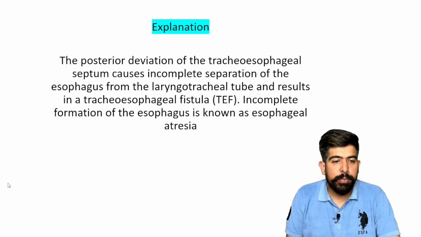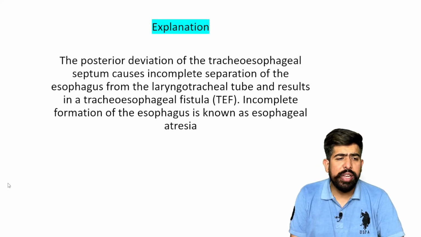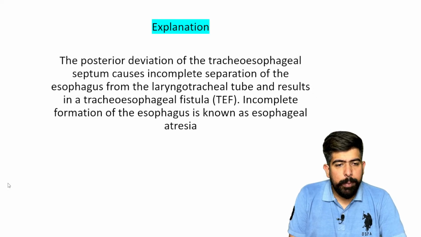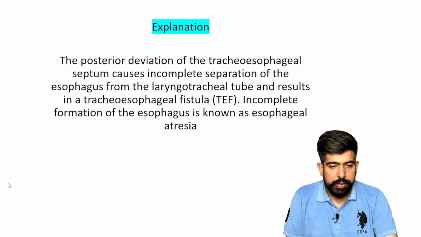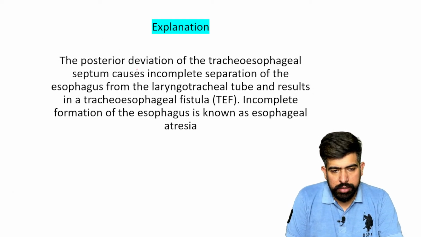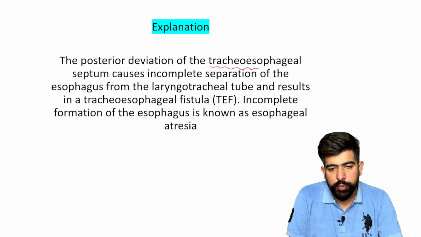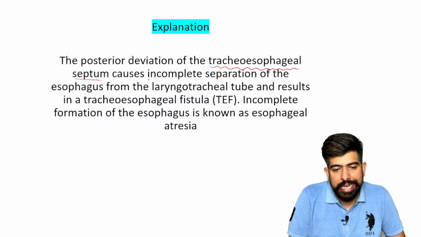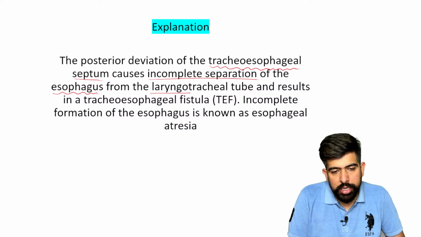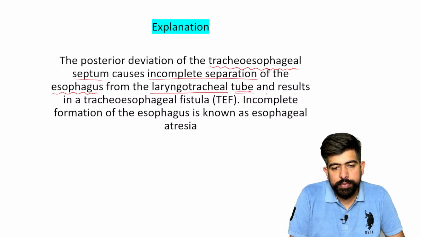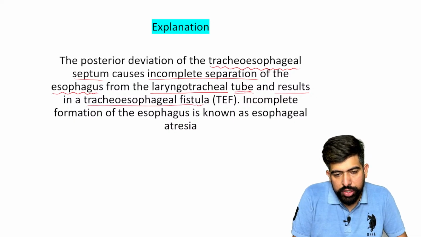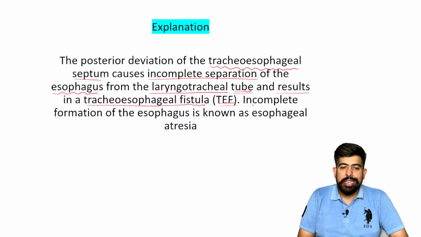So what is the meaning of this posterior deviation of the esophageal septum? Please understand this part: this is the posterior deviation of the tracheoesophageal septum. It causes incomplete separation of the esophagus from the laryngotracheal tube, and that's why this results in tracheoesophageal fistula, which is known as TEF.